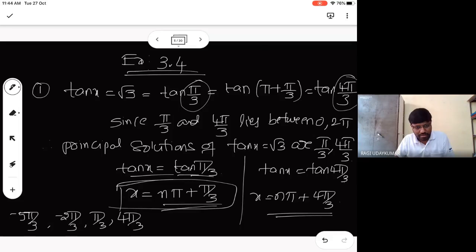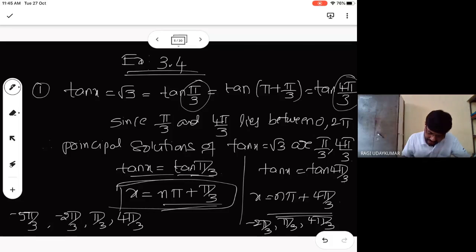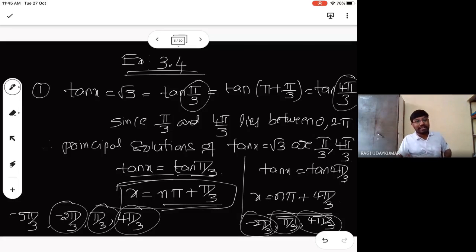Minus 2 pi, minus 6 pi, but all these values you will get somewhere else. So minus 6 pi plus 4 pi gives minus 2 pi by 3. Substitute minus 1 in place of n: minus 3 pi plus 4 pi by 3, so plus pi by 3 will come. Substitute 0, 4 pi by 3 will come. You see, this value has come here, this value has come here, this is the answer, but the n value can be different.